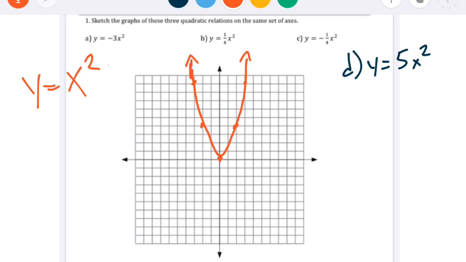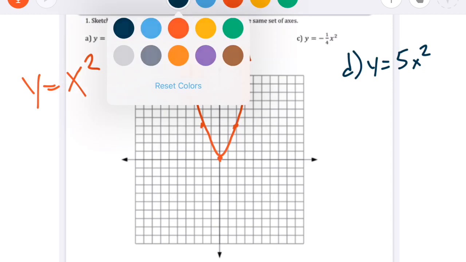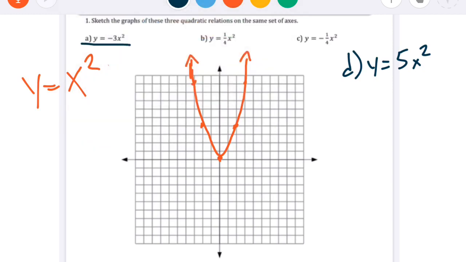So if I graph A, I'm going to do that in this dark blue color, y equals negative 3x squared. So you should notice the main difference between A and the parent function is that negative 3. So what is that negative 3 going to do in comparison to the parent function?